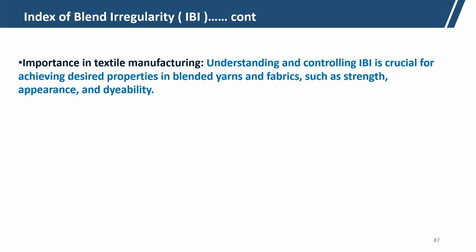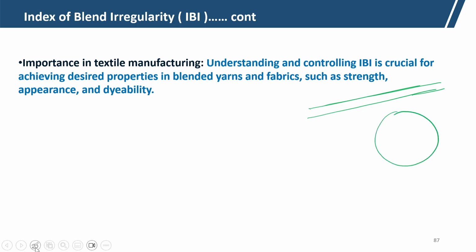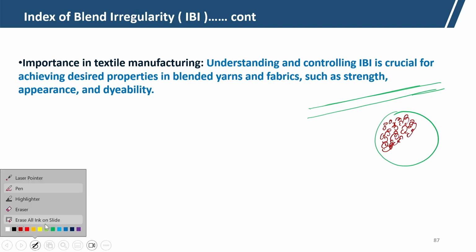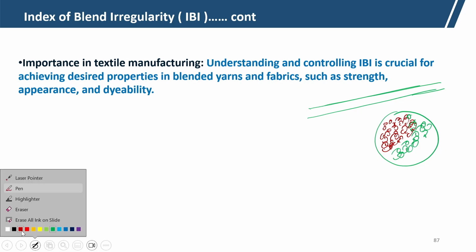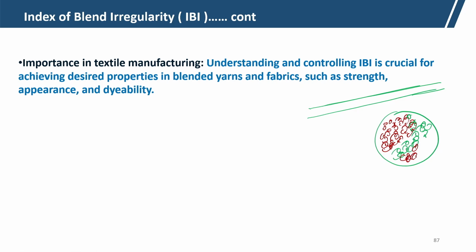If we do not measure this IBI, suppose there is a yarn, this is the yarn, and in this yarn, now I will draw, this is the polyester fiber, very high IBI, and this is say cotton. So, cluster formation is there.